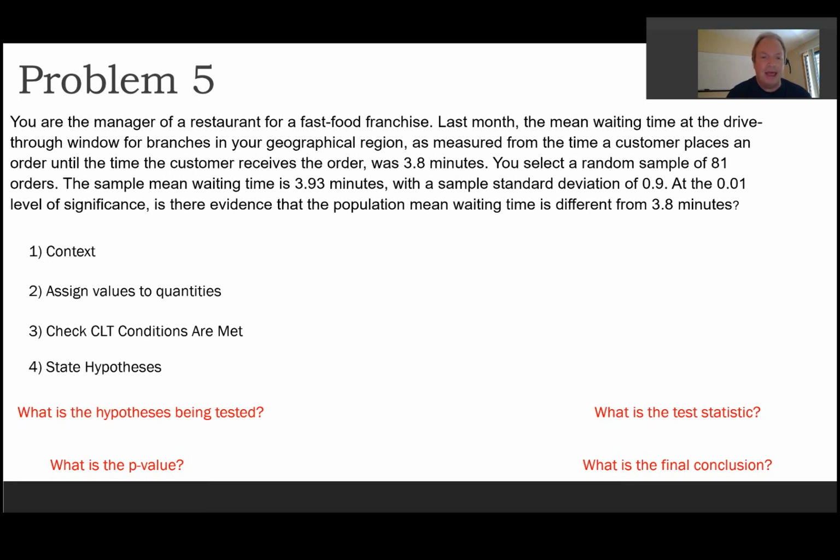And then I'm going to have you figure out what the hypotheses are first. So this will be the reading quiz question. So stop the video, read the problem statement, go through these first 4 items here so that you have an idea of what's going on, and then answer the first question as to what hypothesis is being tested.